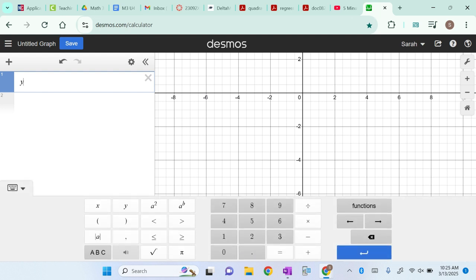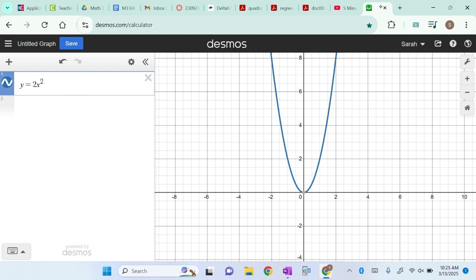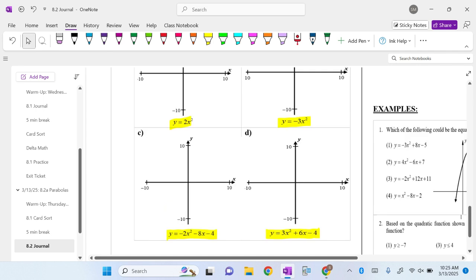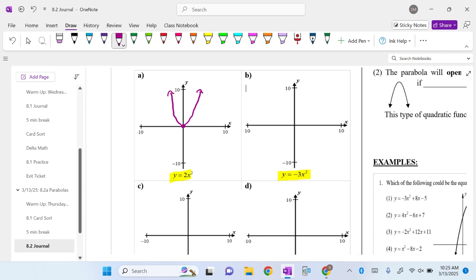My first one, I have y is equal to 2x squared. Looking at my graph, it looks like my vertex is at 0, 0, it doesn't cross the x-axis anymore, and it's opening upwards. So I'm just going to draw a quick sketch of that. Vertex at 0, and it's opening upwards. It looks something like this. Again, we're not going to be exact, we're just making a general picture.